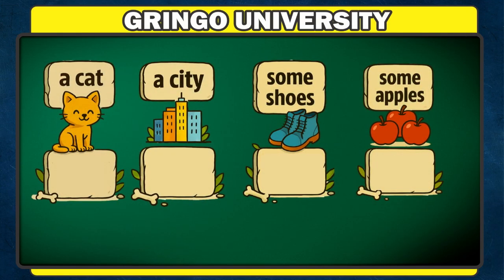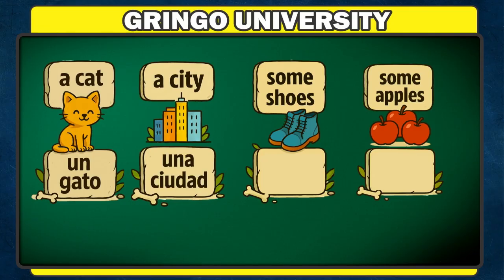Let's practice some new words. I'll ask in English, you answer in Spanish. Ready? Ready. How do you say a cat in Spanish? Un gato. Correct. Gato is masculine, so we use un. How about a city? Una ciudad. Nice.